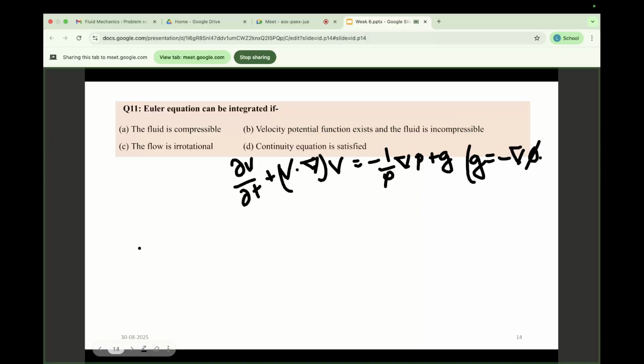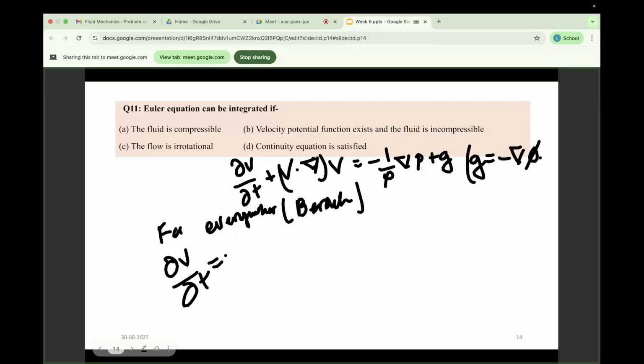So if it is not a streamline, if I talk about Bernoulli's equation everywhere, already I know that this term I have considered as 0, right?